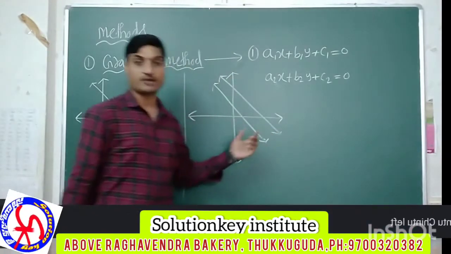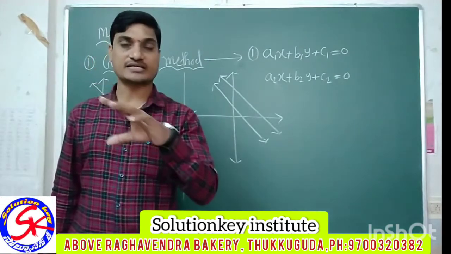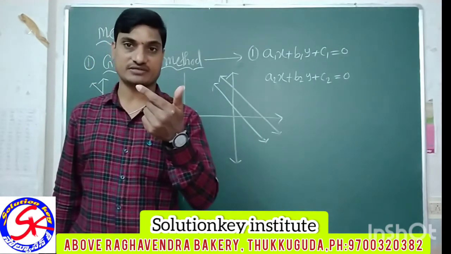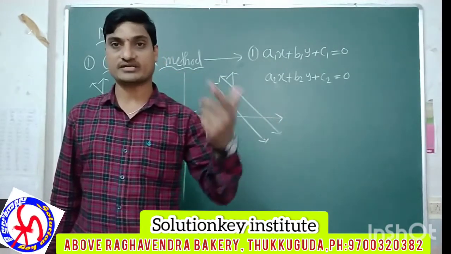These are the possibilities of two lines. If they are intersecting, what does it mean for the equations? And if they are not intersecting anywhere, what does it mean for the lines?